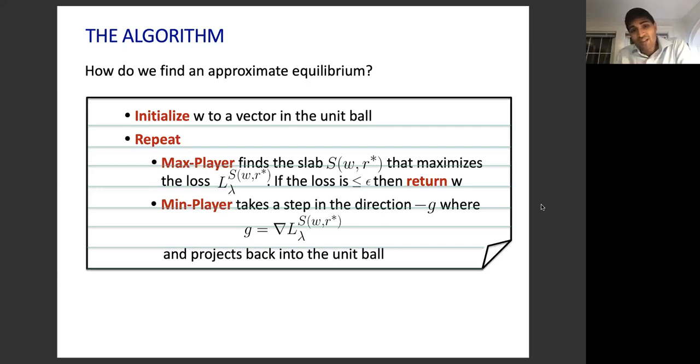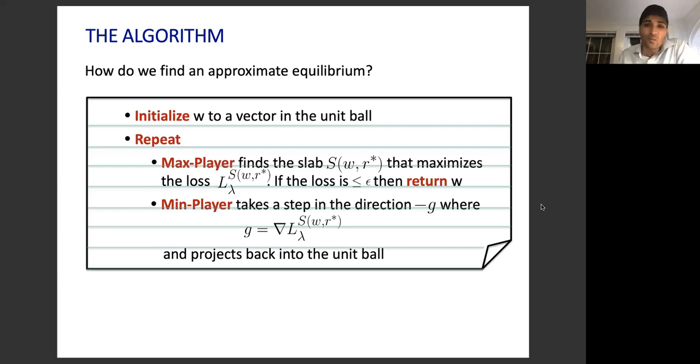Now, if that loss itself is pretty small, at most epsilon, the best that the max player can mess things up is to make the loss in the game be at most epsilon. Well, then, by the second lemma, we know that we're good. The fact that the Leaky Relu loss is small and there's no slab where it's large means that the current estimate W must have low error for our original learning problem, and we can finish.